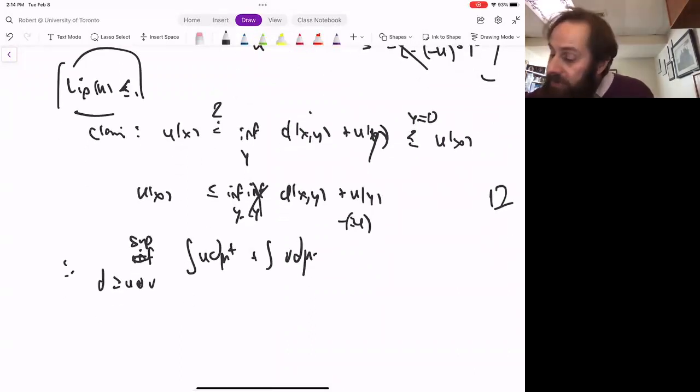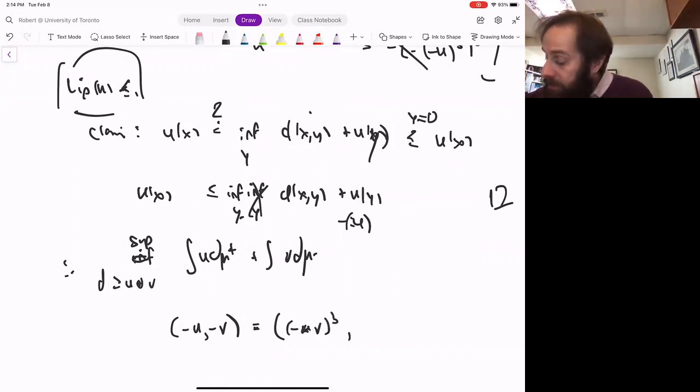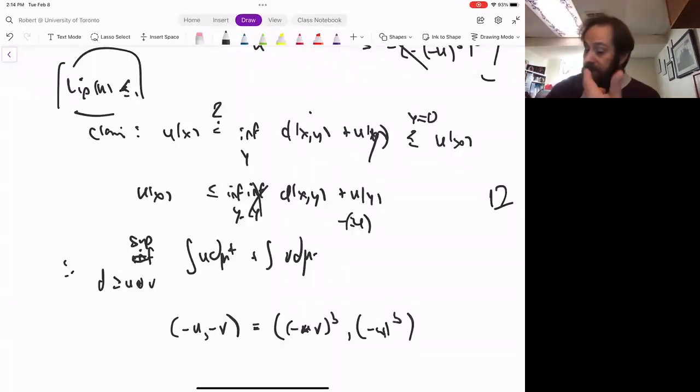We had a general result that said we can always find a pair of minimizers u and v, and now the signs are all going to be messed up, but we can always find a pair of minimizers minus u and minus v, which agree with their own second transforms under the transform. So this would be minus v transform, and this would be minus u transform, since the d is symmetric, so there's no difference between the transform and the tilde transform.